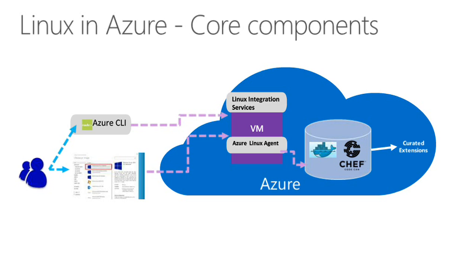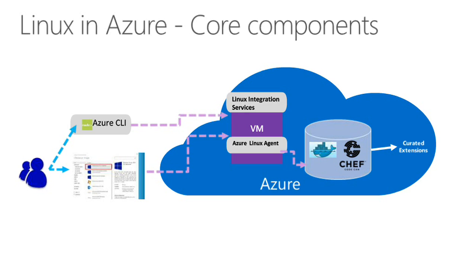The second component is what we call Linux integration services. Azure, as a public cloud provider, we offer virtual machines. Most of our services actually build on top of virtual machines. Both our platform as a service and software as a service eventually build on top of virtual machine infrastructure. All the virtual machine infrastructure runs on Microsoft's hypervisor, which is Hyper-V.